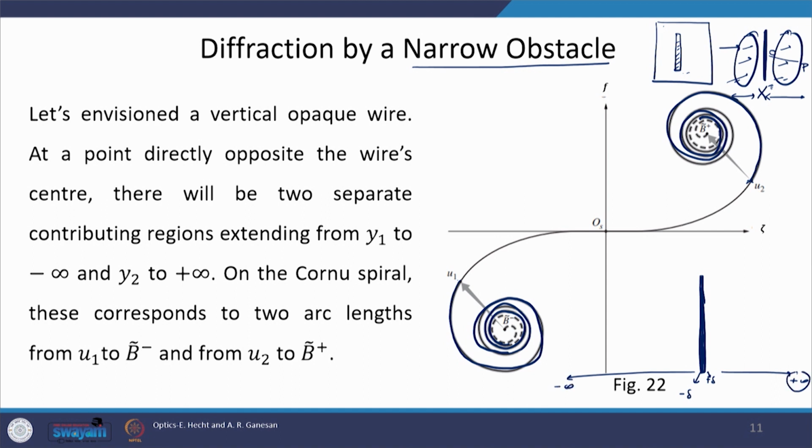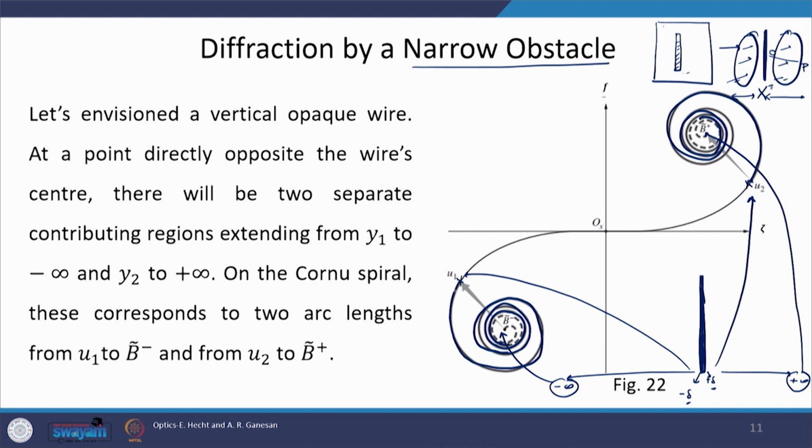The plus infinity point would be expressed by B plus tilde, the minus infinity point by B minus tilde, and minus delta and plus delta are represented by these two points, U1 and U2.